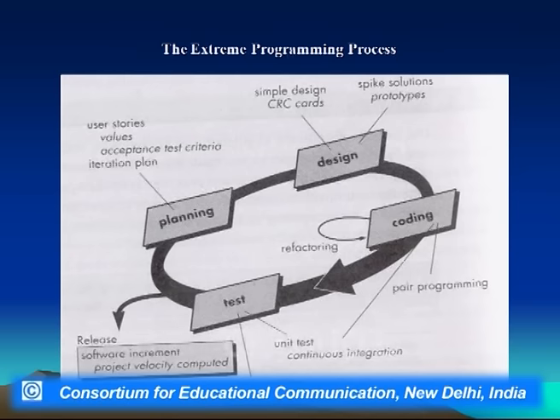So, initially the user stories are created, then their values are prioritized, then the acceptance criteria are decided, and the iteration plan is fixed. Then after this planning phase, the team does the designing.